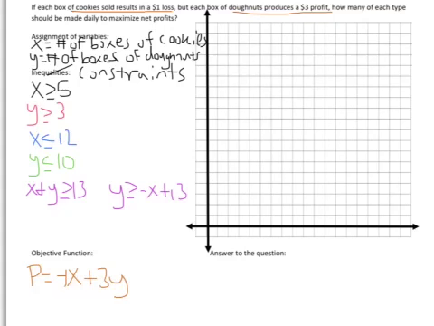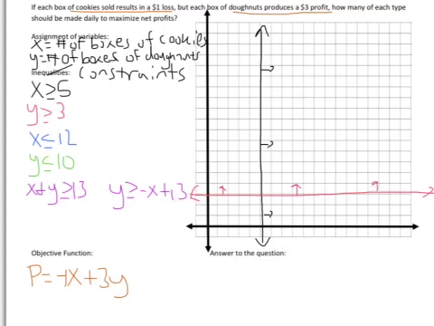So for now, why don't we go back to graphing these. For my x is greater than or equal to 5, I'm going to have a vertical line through 5. So I go 1, 2, 3, 4, and 5. Since it's greater than or equal to 5, I know that I am shading on this side. For y greater than or equal to 3, I go 1, 2, 3, right up here, and I'm shading above the line.